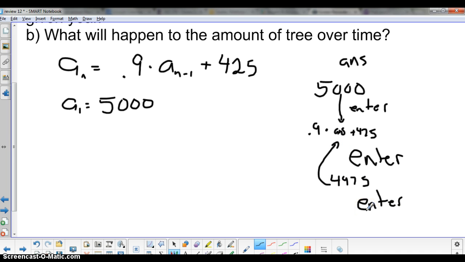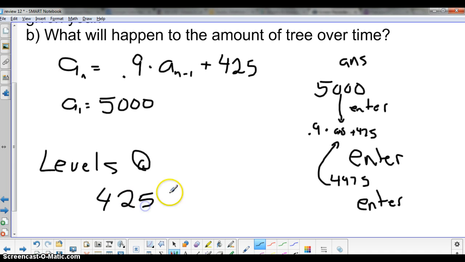And you can keep hitting enter, enter, enter, enter, enter, and eventually you will see it level off. And it levels off at 4,250.